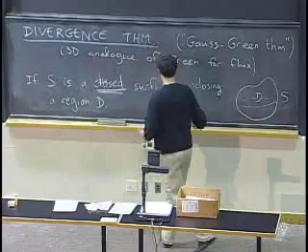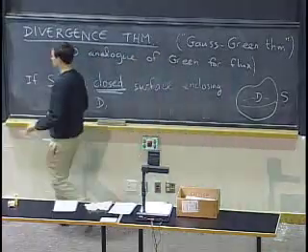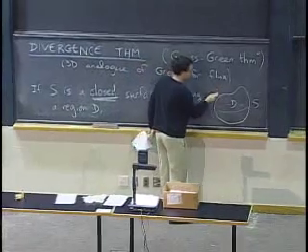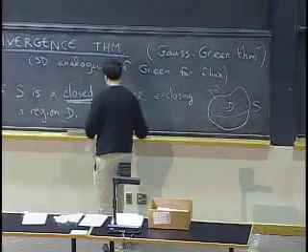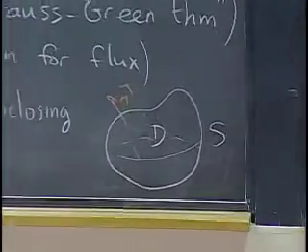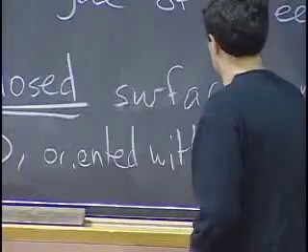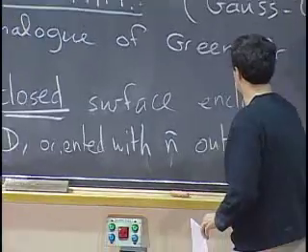And I need to choose my orientation. So the orientation that will work for this theorem is choosing the normal vector to point outwards. Okay, so n needs to be outwards.